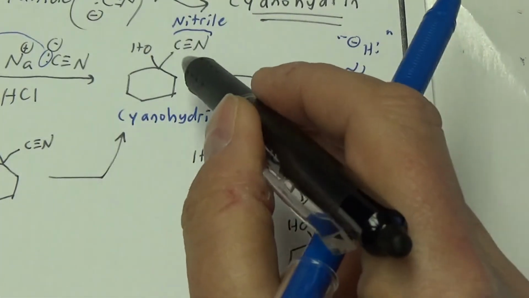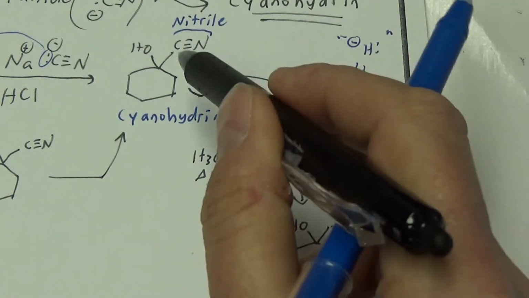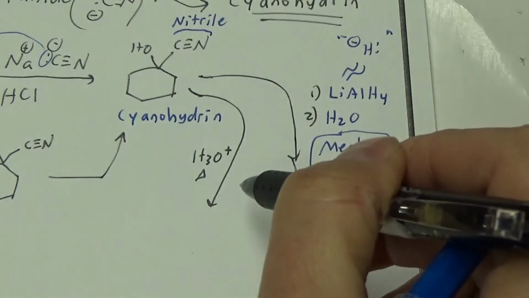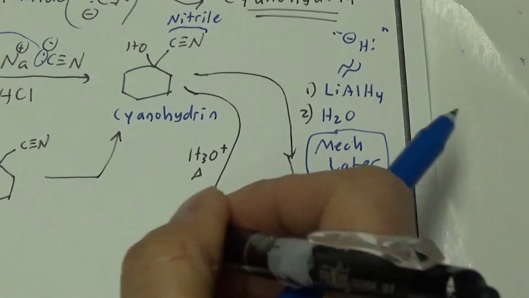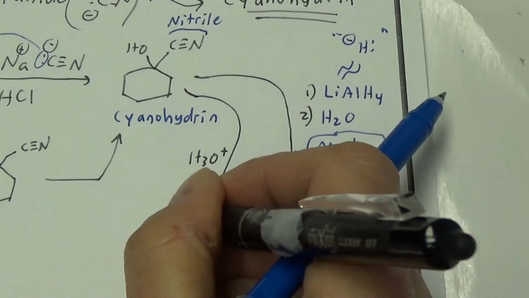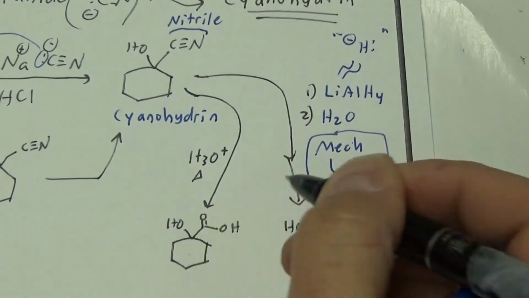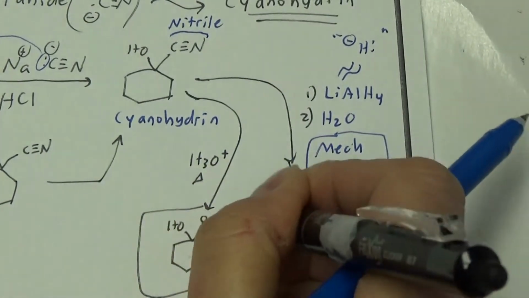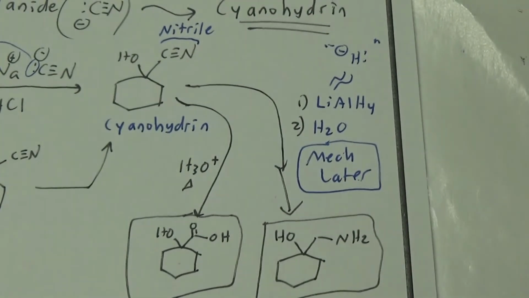What do you think happens if you convert 3 bonds to nitrogen to 3 bonds to oxygen? And that's what happens here, you just make a carboxylic acid, right? So this is another fun thing to do. Okay, so that's the product of that reaction.